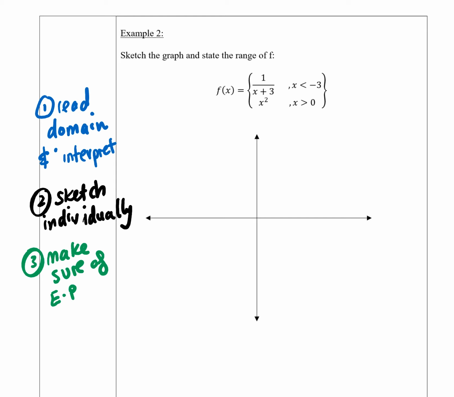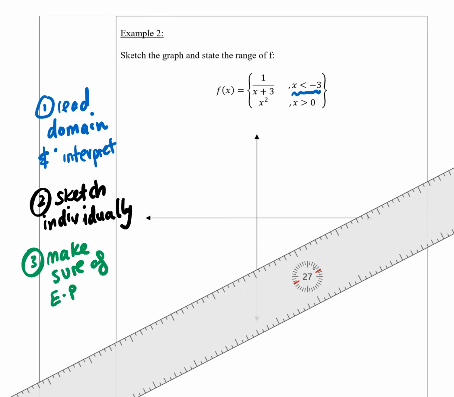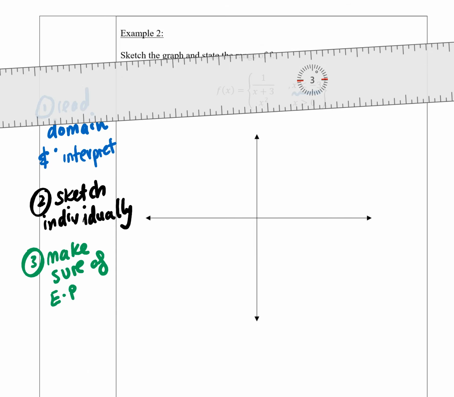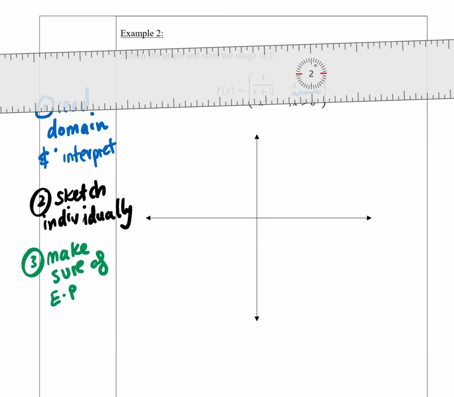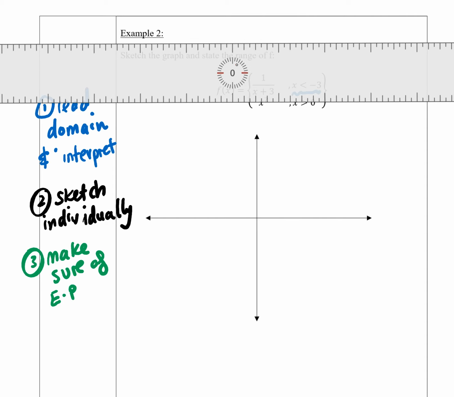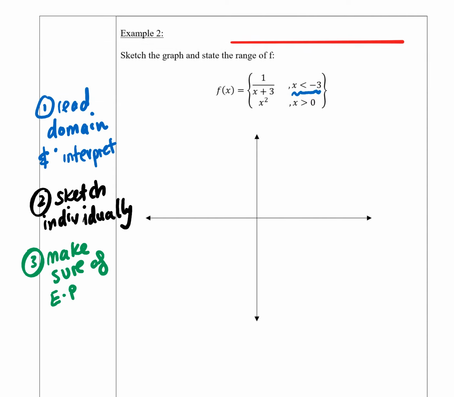Okay, our first thing to do is to look at the domain. So x is less than -3. So I've got to think here, if I had a number line, and I can just envisage this with my ruler, I might put it at the top here. Here's our number line.